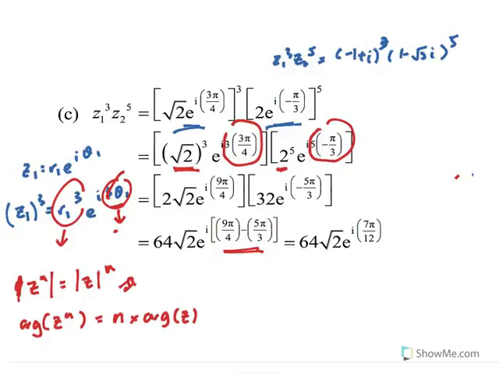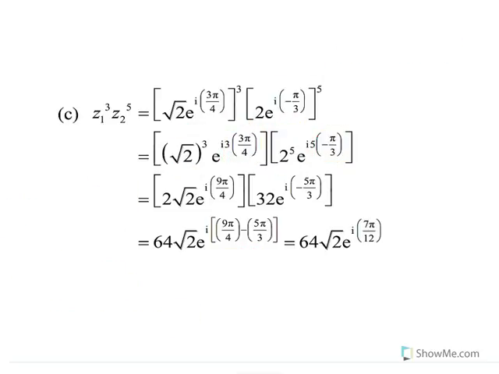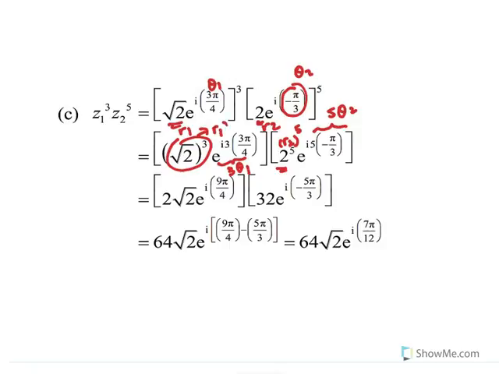If this is theta 1, this is my r1, this is r2, this is theta 2, then this part will be 5 times theta 2, this will be r2 to the power of 5, this will be 3 times theta 1, this will be r1 to the power of 3.